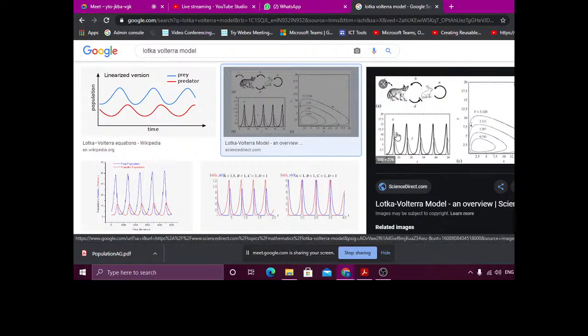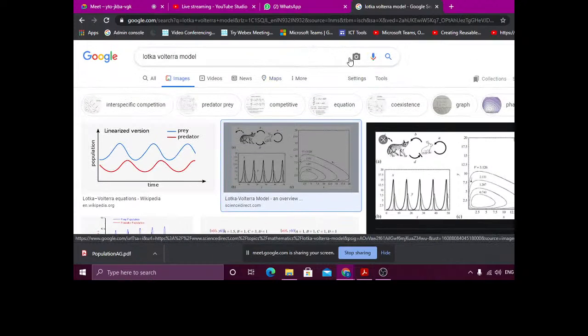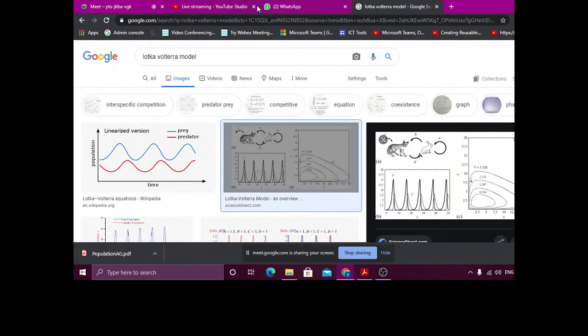When the population of rabbit increases, the population of lynx also increases. When it decreases, that also decreases, and again increases. So they are linked. The more predators there are, the more prey there will be in the same ratio. The ratio will remain the same. This is the essence of the Lotka-Volterra model, and essentially you have to remember the formula.